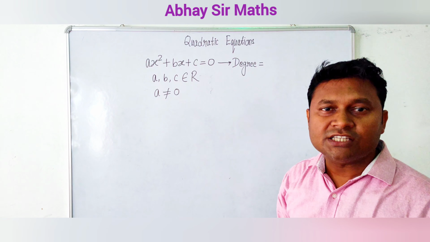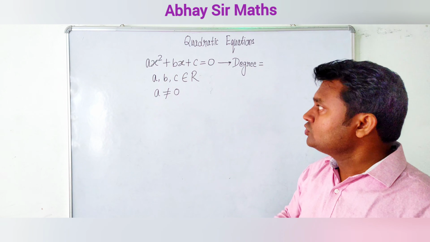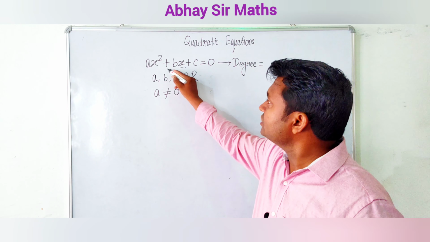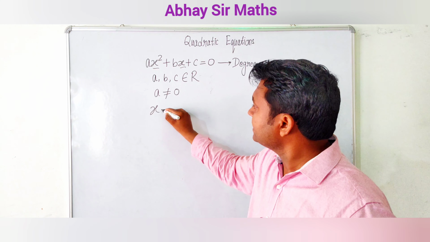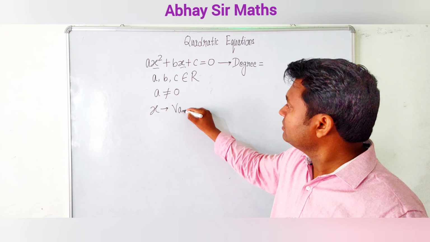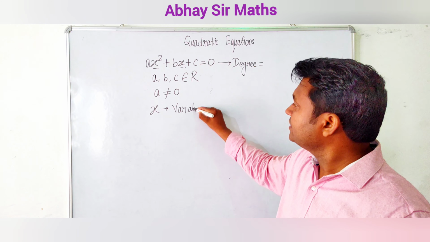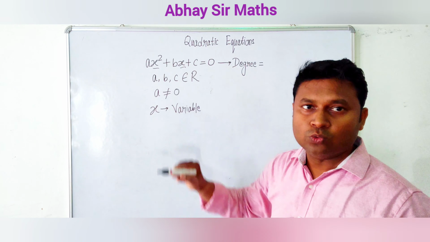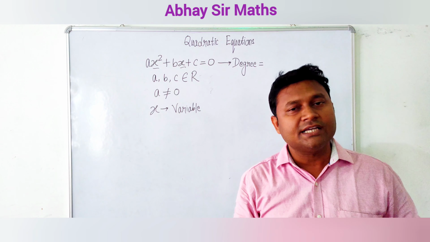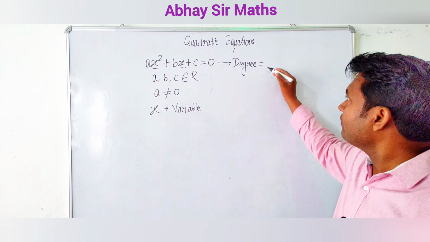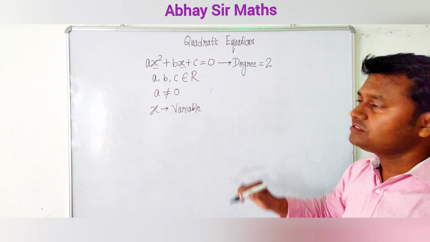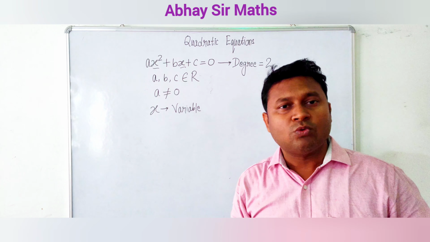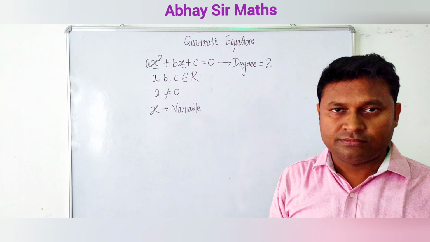Degree is the highest power of the variable. Here x is the variable and we have two powers, 1 and 2. Obviously 2 is the highest, hence the degree of this quadratic equation is 2.